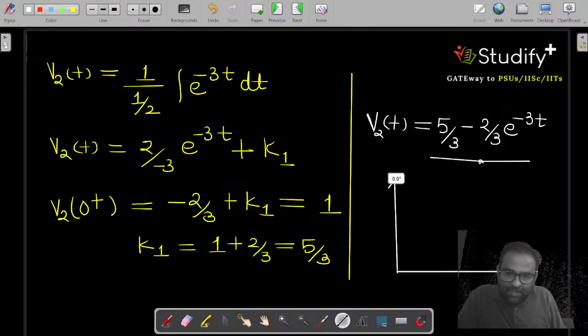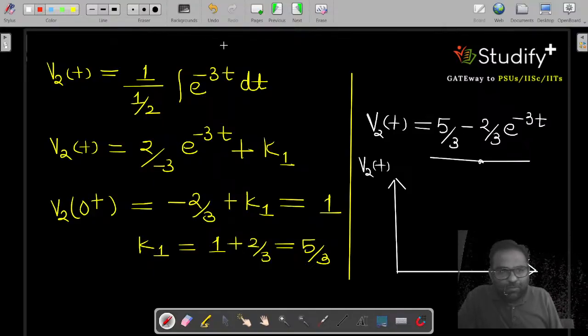If I call this V2(t) and this t, what is the value at t equal to 0? The value at t equal to 0 is 1.